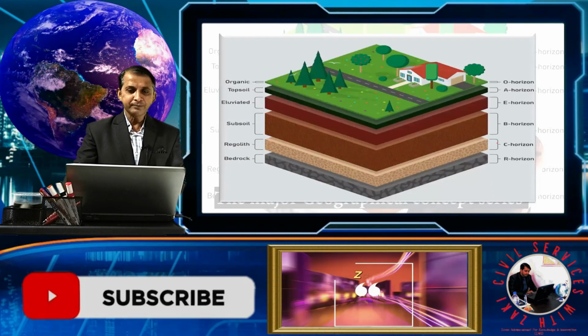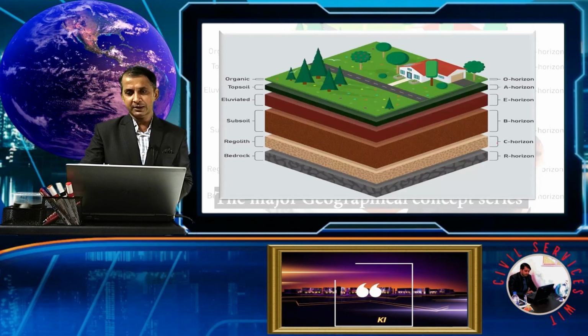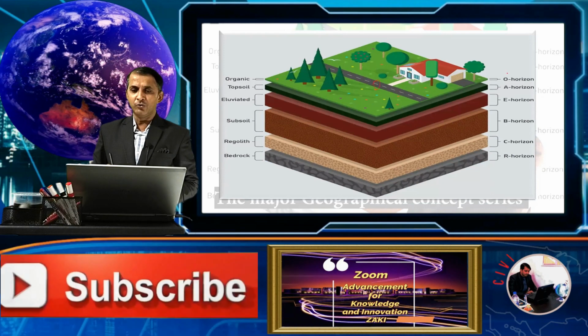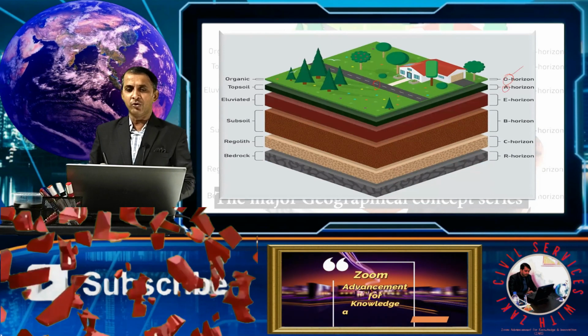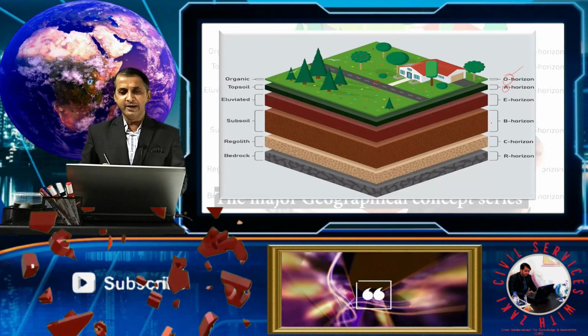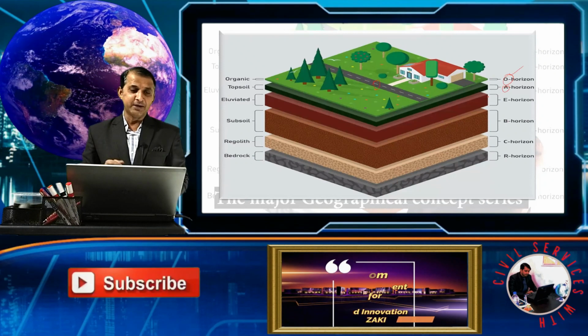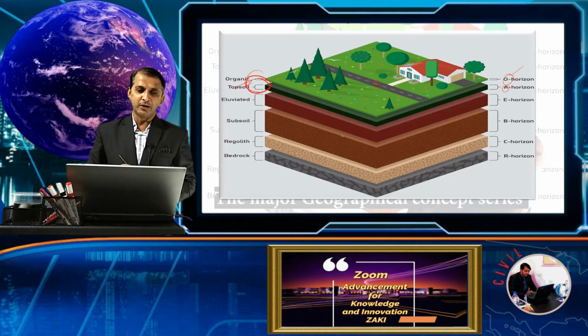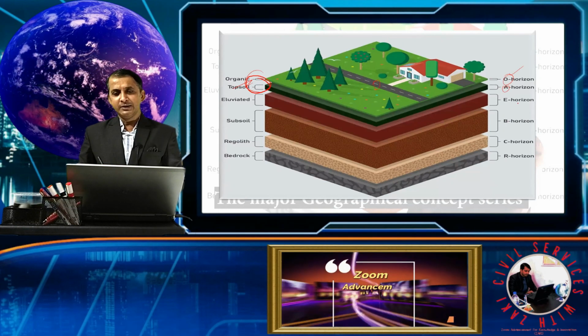See here. Basically this is our first top layer, O and A, meaning the O horizon, organic matter, and the A horizon beneath the organic matter. These are called topsoil. Below the topsoil is the E horizon.